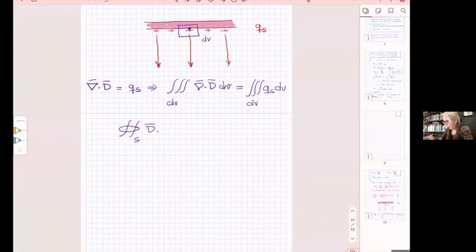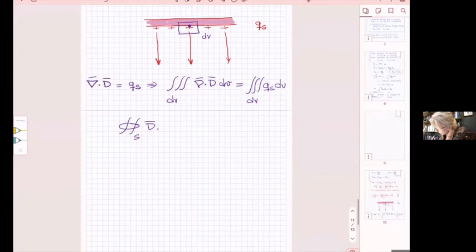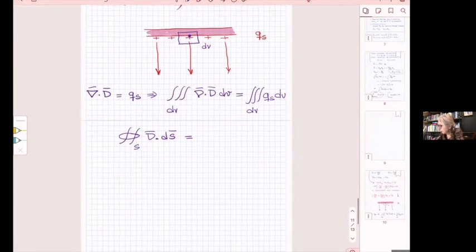So I do a volume integral on both sides of Gauss's law, and therefore this one becomes D dot dS. Now, if I only use a differential volume that goes around one point, how much is the volume integral of Q sub S around this differential volume? Is it not Q sub S dV?